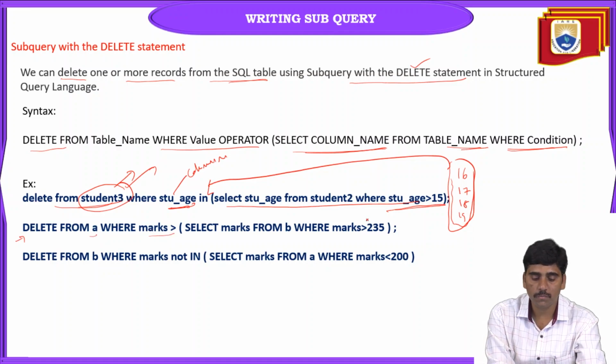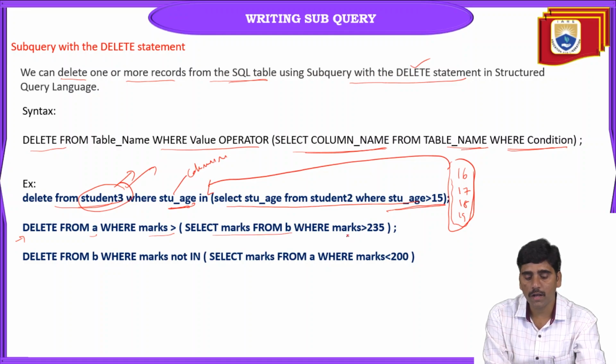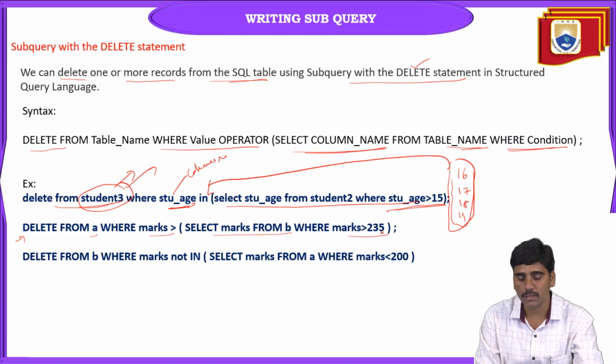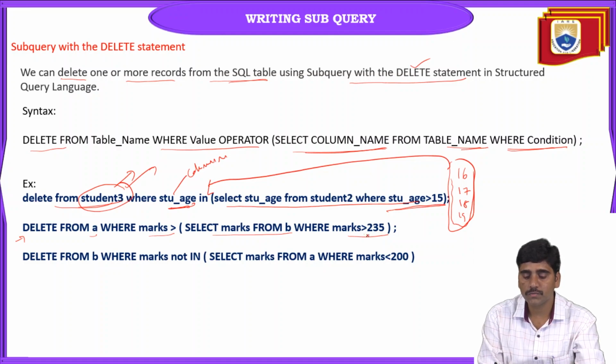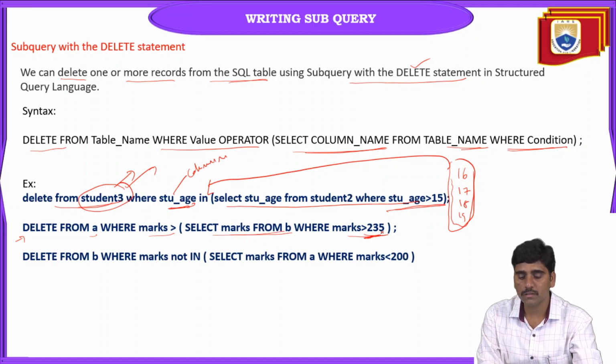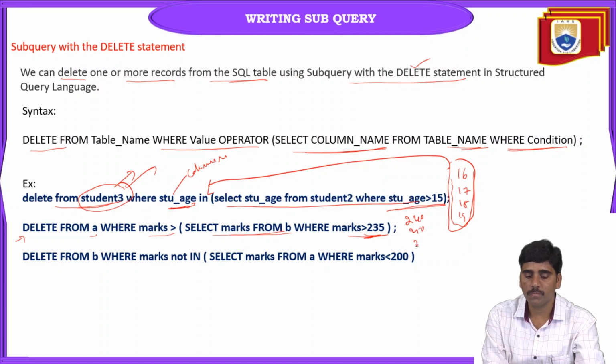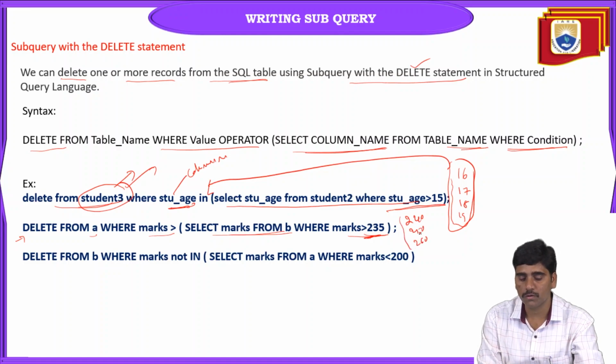Similarly, you can see another example here. DELETE FROM A WHERE marks > (SELECT marks FROM B WHERE marks > 235). That means whoever has marks greater than 235 will be displayed here from the B table. Suppose 240, 250, 260.